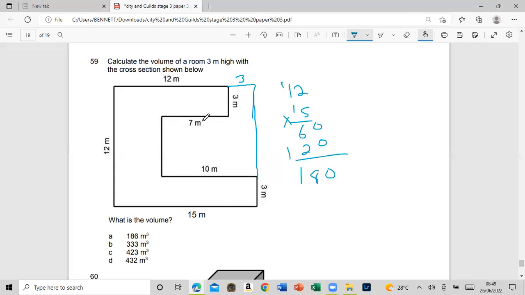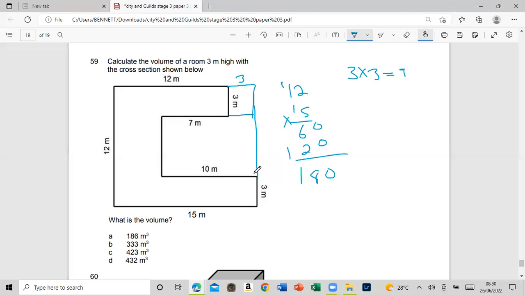So this is 7. Here's our 3 already, and here's our 3, so the portion here would have been 3 times 3, 9.